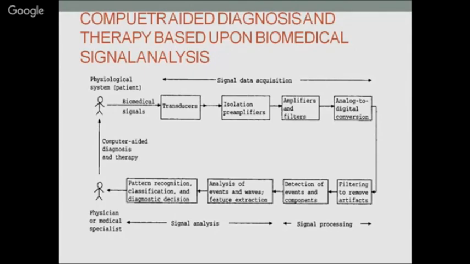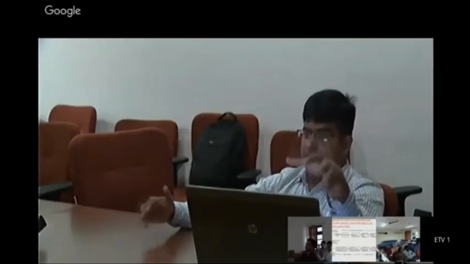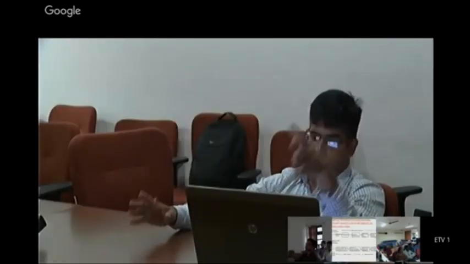Detection of events and components. This is basically which things you are going for in measurements, which characteristics you want. Then analysis of events. Since my specialization is in EMG, I will talk about that.